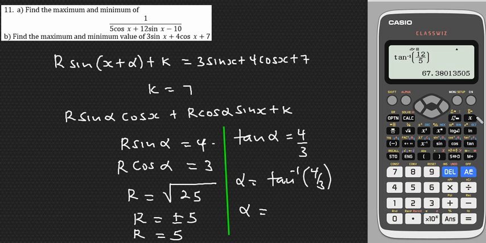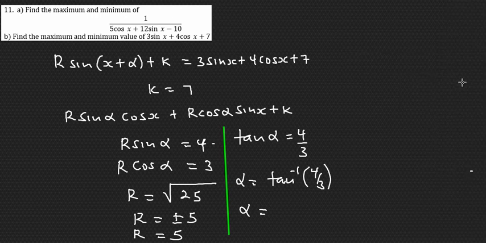Let's see, the tan inverse of 4 by 3 we get 53.1 as our alpha.